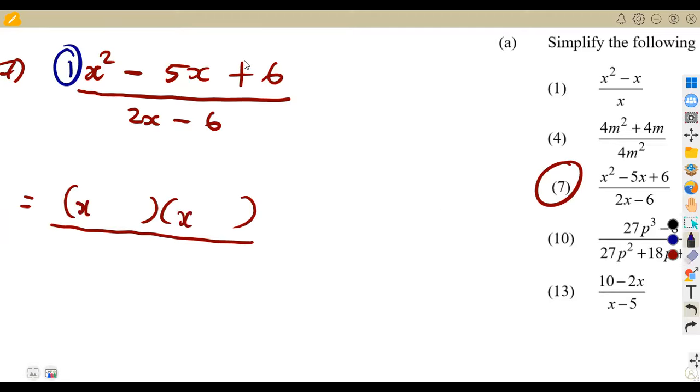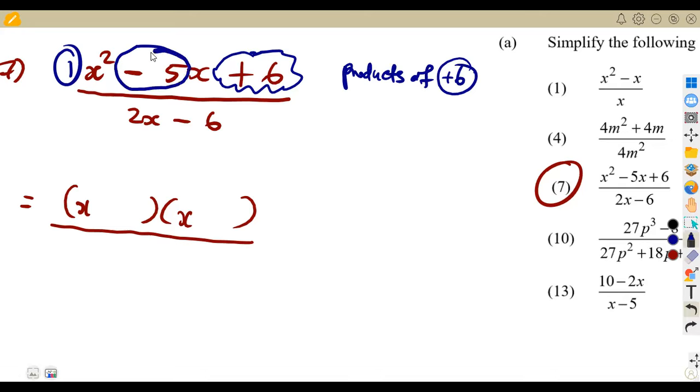Then you play around with this term, which is the constant. What are the products, 2 numbers that you multiply to get positive 6? Take note, positive 6, product. So we need the factors of 6. But these factors should give us the middle term, which is -5. If you add them, they must give you a -5.